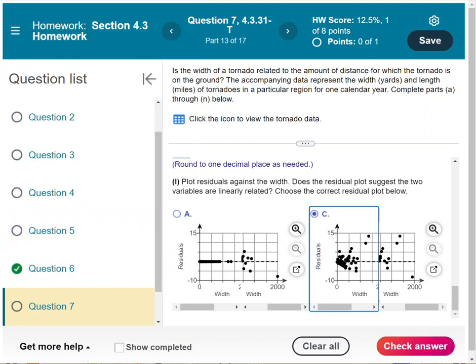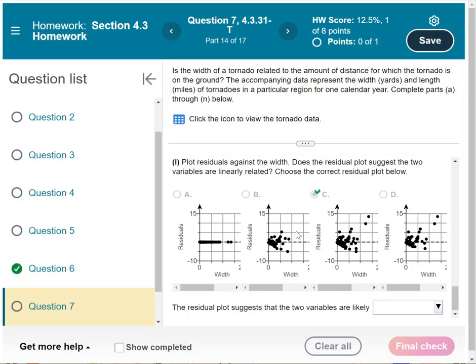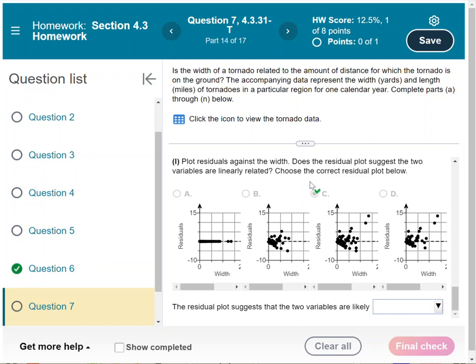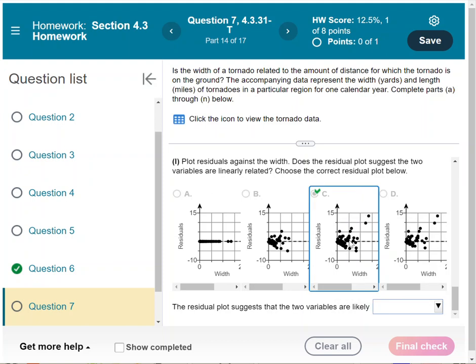So for me, that's one thing you got to really look at closely, the different points, enough points to figure out which one's which. Okay, so plot residuals against the width. Oh, let's see, we did that. So the residual plot suggests that the two variables are likely, well, let's see.